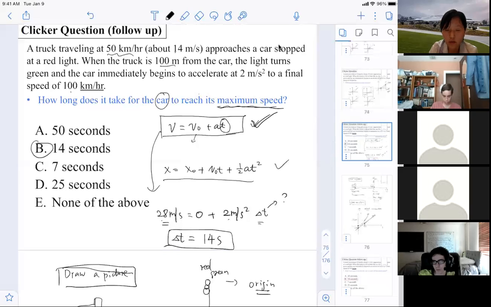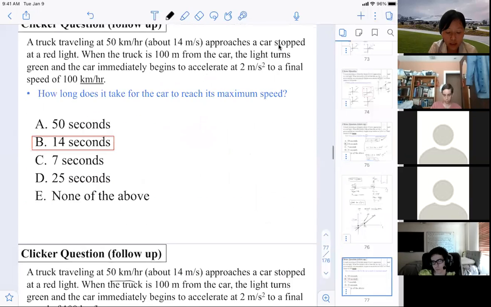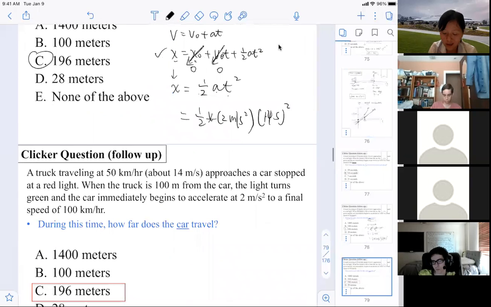We chose the equation for velocity because you want to find the time, you're given the acceleration, and you know what the final speed is, so that is a straightforward equation to choose. So that is the question we left off from our previous class.